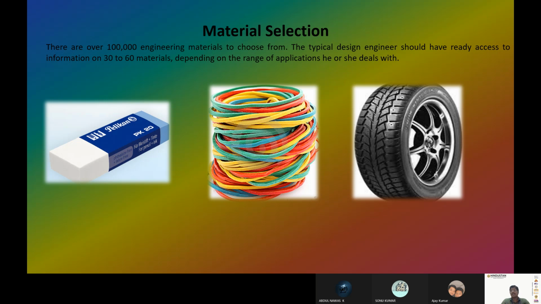Therefore, while selecting the material, proper communication needs to be used. If you are simply telling that it is a rubber, then the design aspects are very, very difficult to understand.